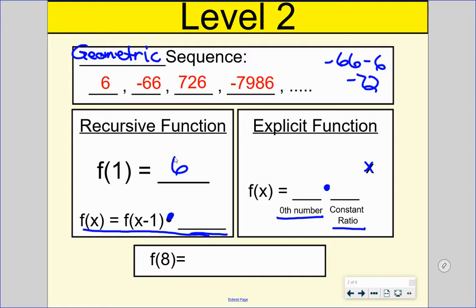We already did determine it was geometric, so we want to figure out what the constant ratio is. So we are going to take any number in the sequence and divide by the number before. So let's take 726 and divide by negative 66.